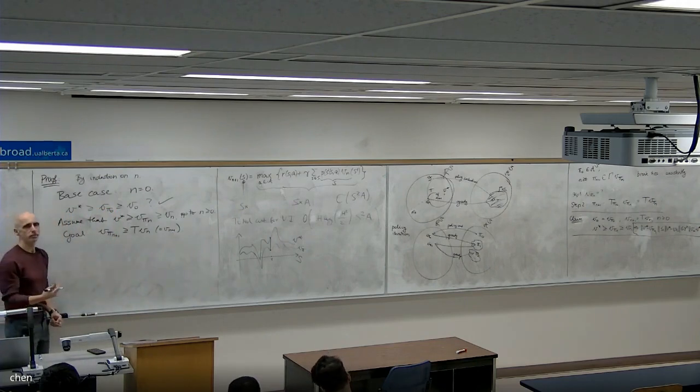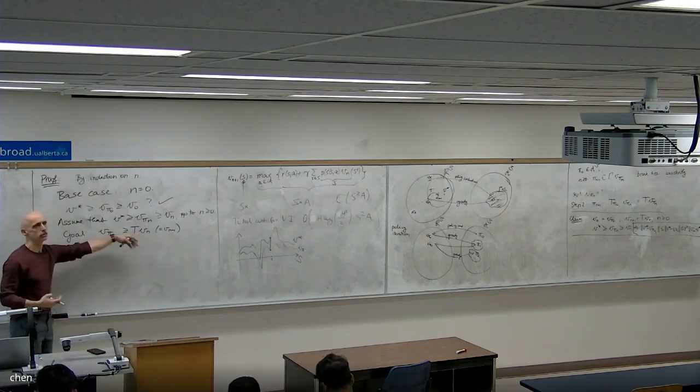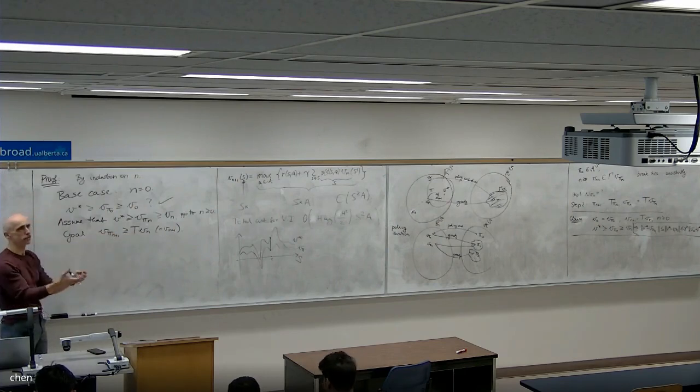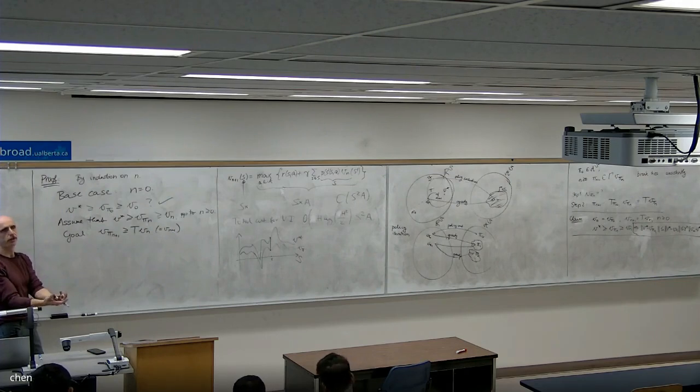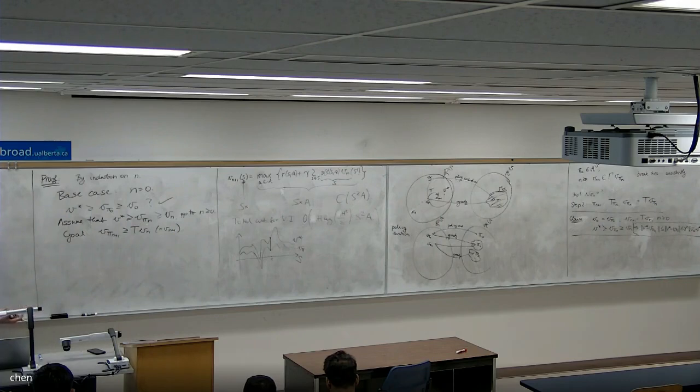What do we know about pi n plus 1? Everything else is known here. So pi n plus 1 is the new quantity that comes in. How was it chosen?